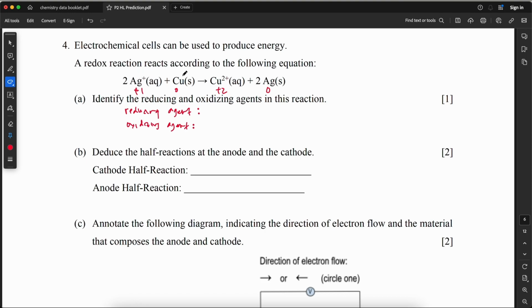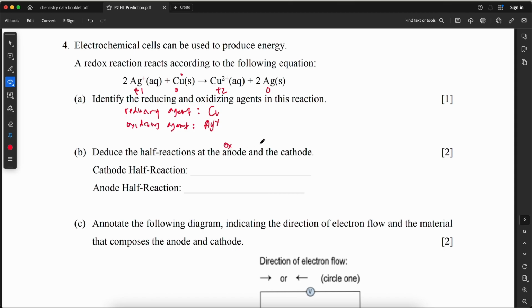Oxidation would be Cu. So this would be Cu. Oxidation, Cu as a reducing agent. And then 2Ag plus would be the oxidizing agent.